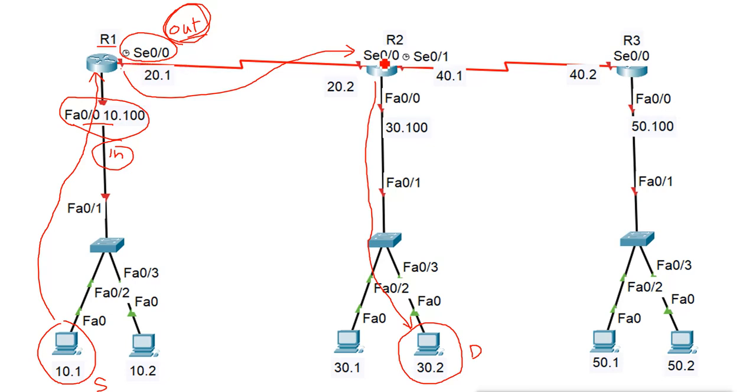If I configure the rule on router 2, this serial interface will work as inbound, because the data is getting into the router from here, and this FastEthernet port will act as outbound, because the data is getting out from here. So this is what inbound and outbound mean.